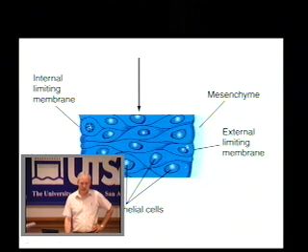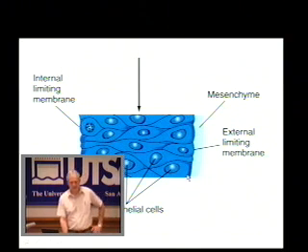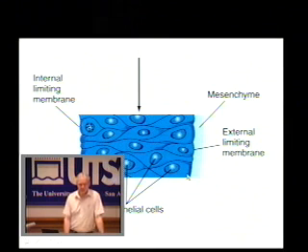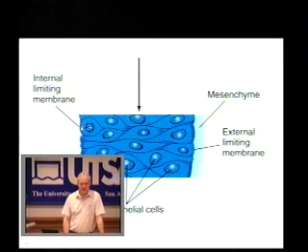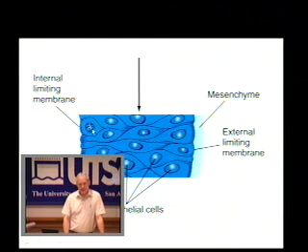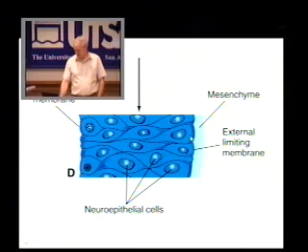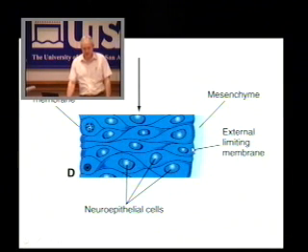Some of them reach the external limiting membrane, but not all of them. So this really is just one layer of cells by definition, because they all have an attachment to the internal limiting membrane. But it looks like it is multiple cells layers thick, therefore the pseudostratified epithelial terminology.